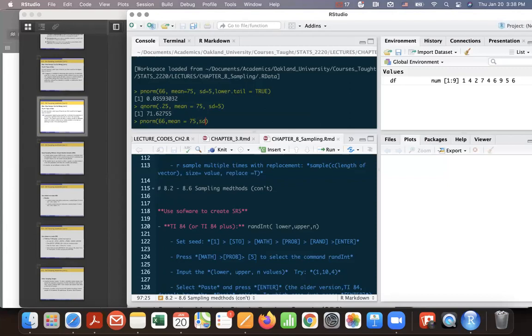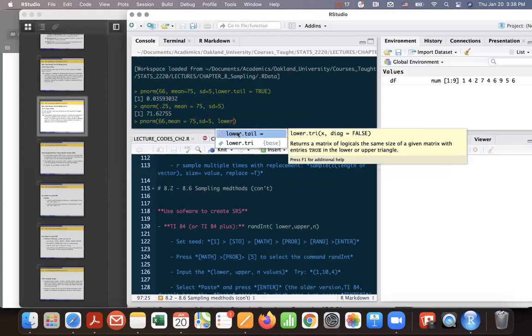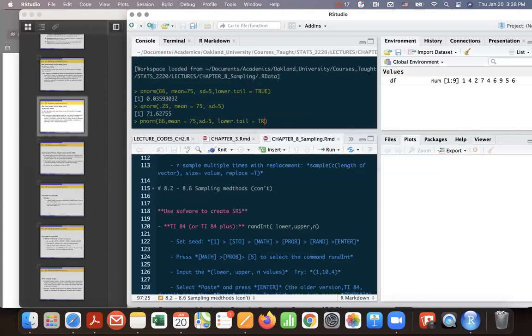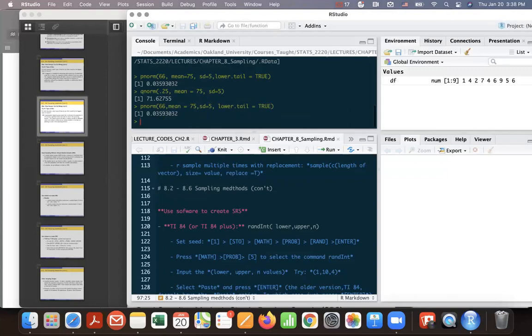Standard deviation is sd, all lowercase, equals 5. Now, because we do left tail, when it asks for lower tail, you put TRUE. If you want a right tail, then you put FALSE. So we put TRUE. Right there, roughly 0.336, 33.6%. I'll wait for you for a few seconds so you can do that.